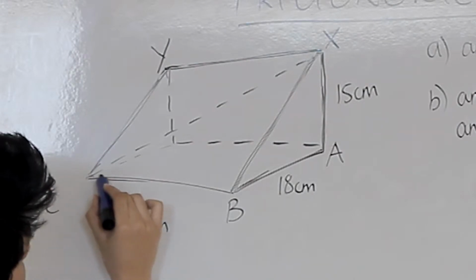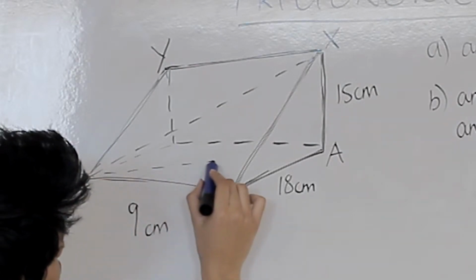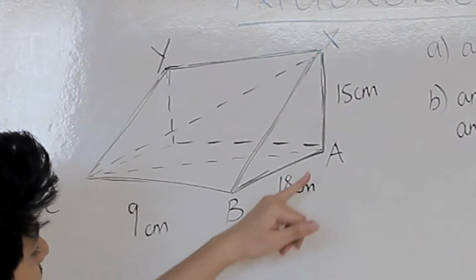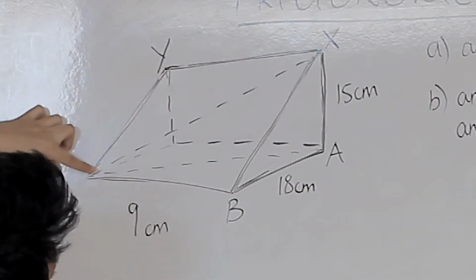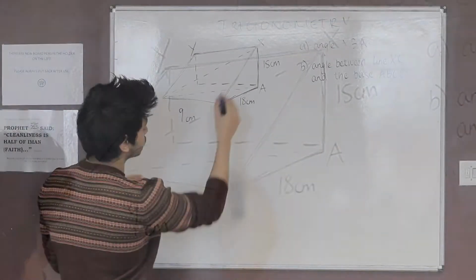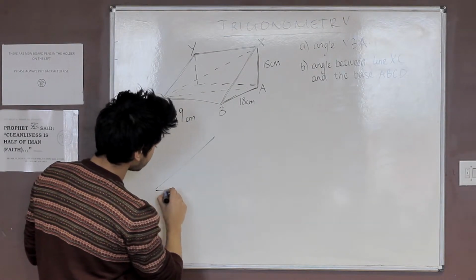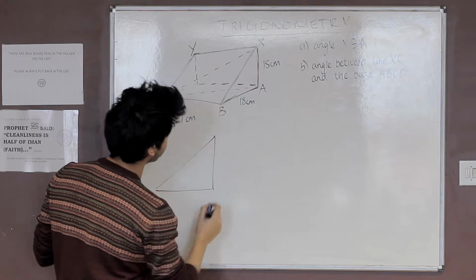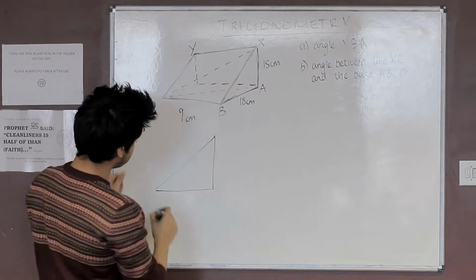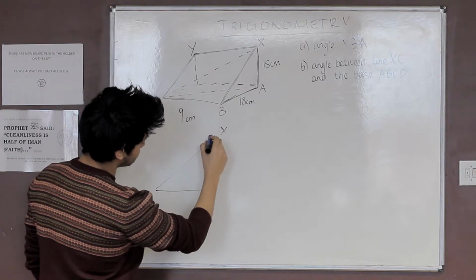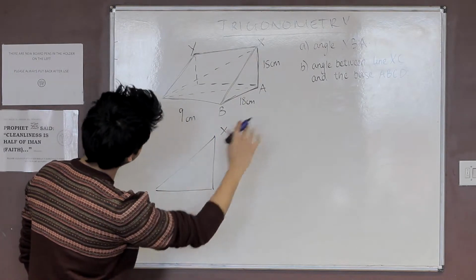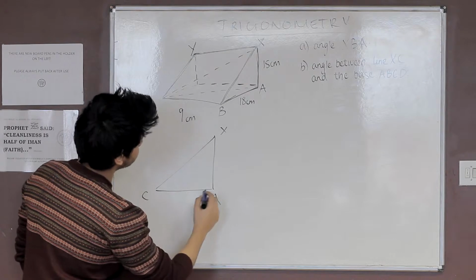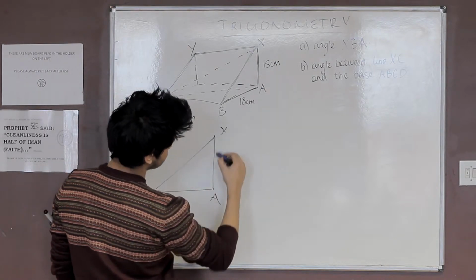If we draw another imaginary line from C to A, this line represents our flat base, and XC is our imaginary line. It's a little difficult to see here, so I'm going to draw this shape again. From C to X is this line here, from C to A, which represents our base, is this line here, and from A to X is this line here.